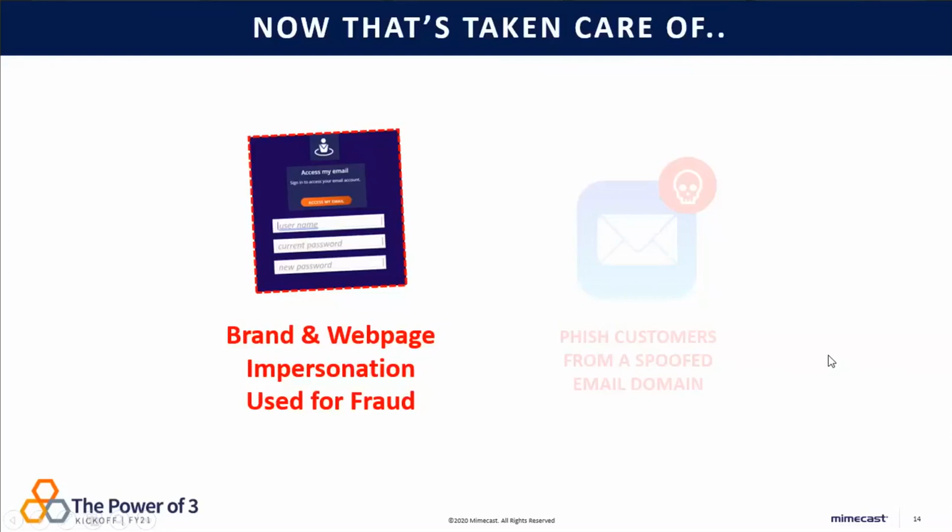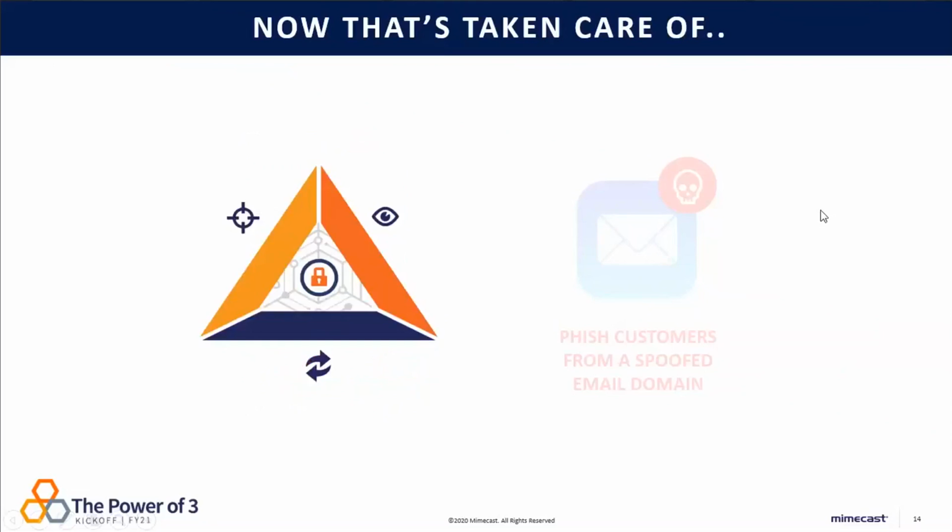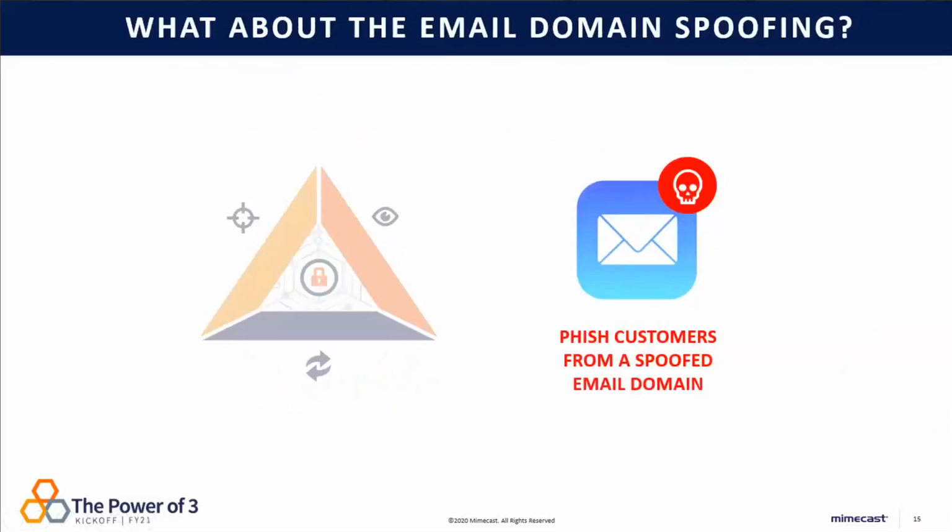Now that that's taken care of from a Brand Exploit Protect standpoint, another key factor that we see in today's threat landscape is looking at how customers are phished and spoofed from their own email domain. Now, many of you may own one domain, but many of you may own multiple domains. It may be across the UAE, it could be across the world.